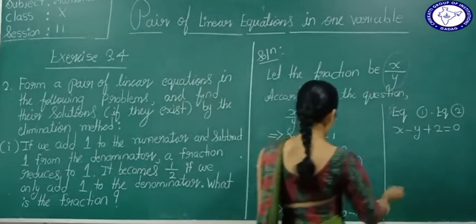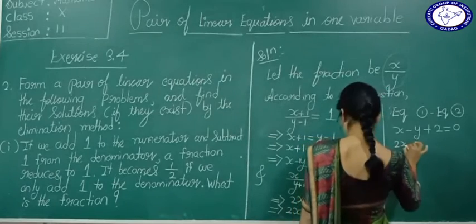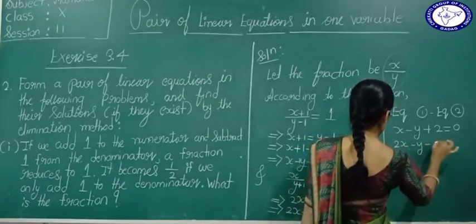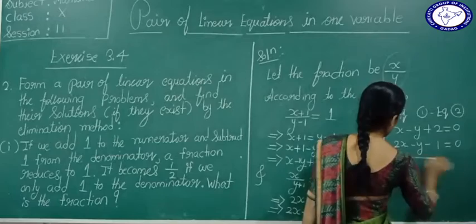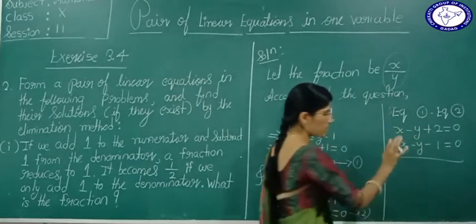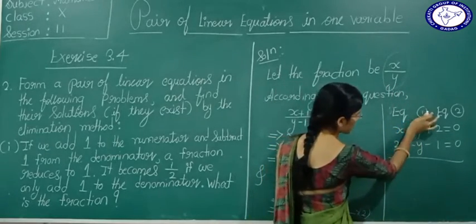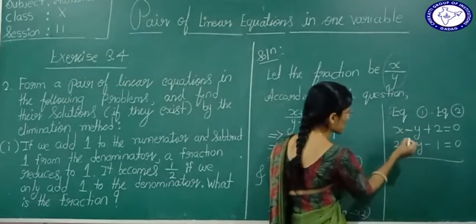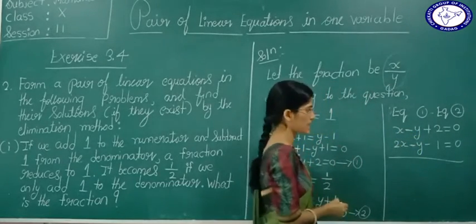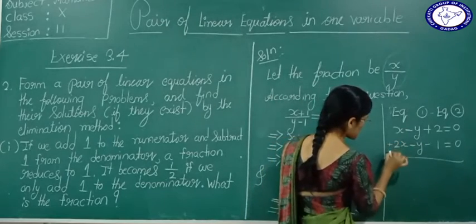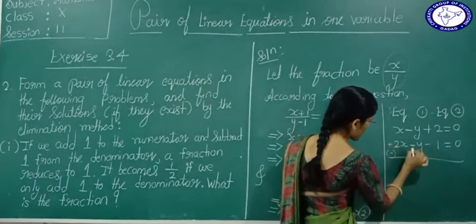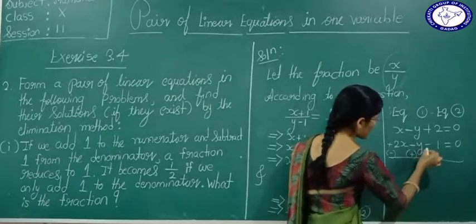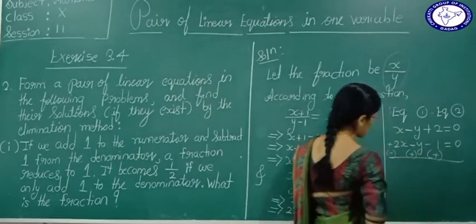Equation 2 is 2x minus y minus 1 is equal to 0. Now see students, I want to eliminate y here. With the same signs, you subtract. Here plus will become minus, here minus will become plus, here minus will become plus.